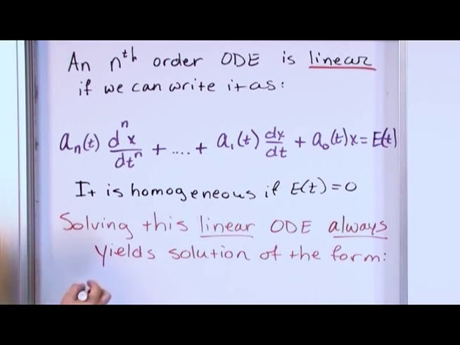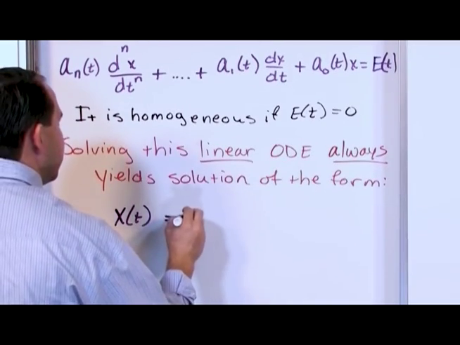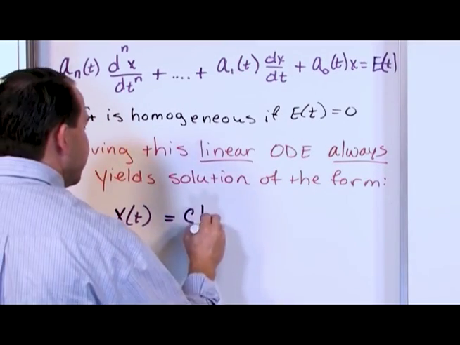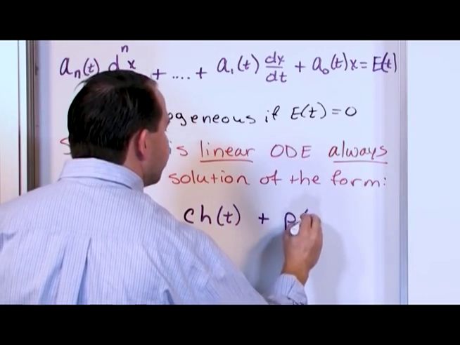It always leads to a solution of the form x of t, because don't forget, that's what we're always trying to find, what function of x satisfies that differential equation, is equal to some set of constants times h of t, and I'll explain all this in a second, plus p of t.